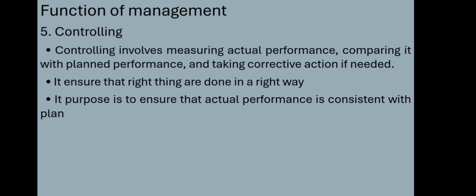Controlling takes all aspects to ensure that the actions that are planned are done in the best possible way, to measure the actual performance and compare it with the one that is planned, and make sure that the action is consistent and done according to a plan.